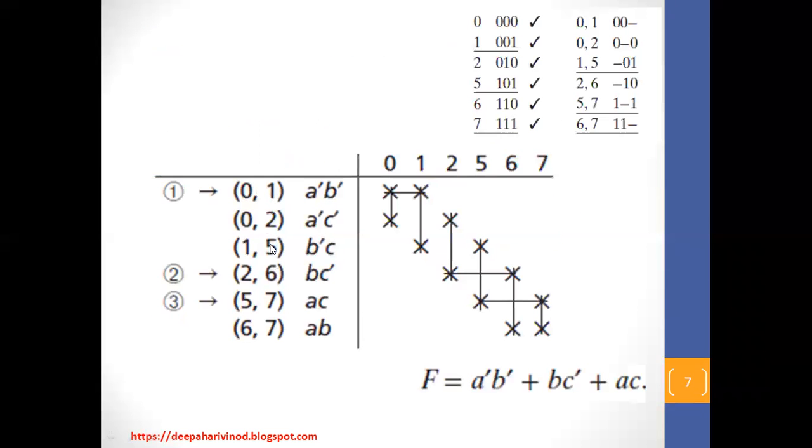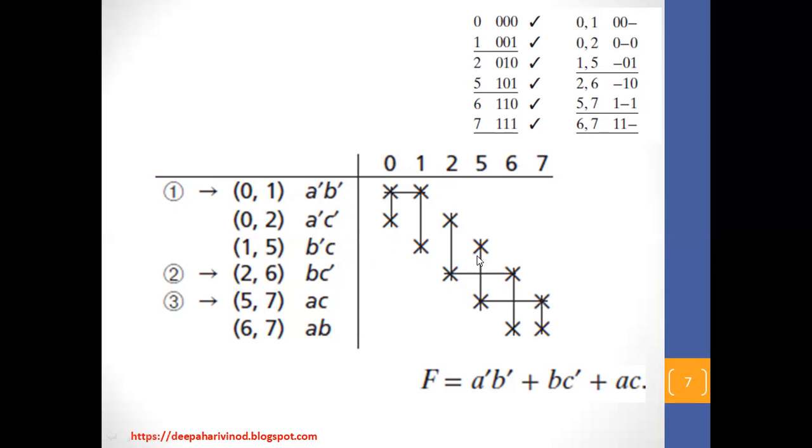We have to write all the terms we obtained here: A bar B bar, A bar C bar, B bar C, B C bar, AC and AB. Then check column-wise whether any column has a single check mark.